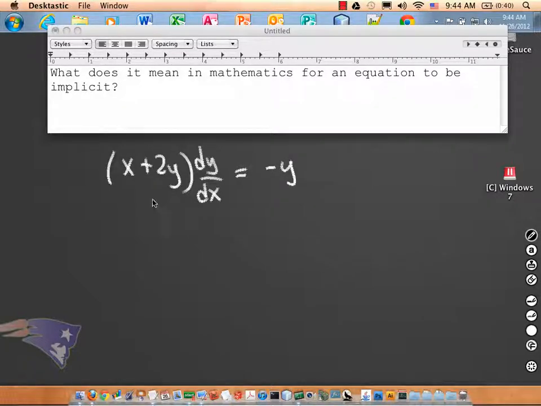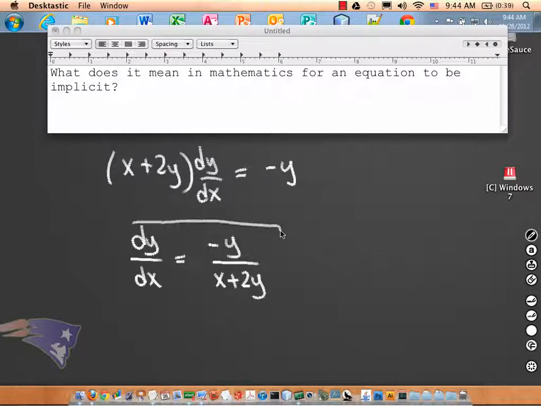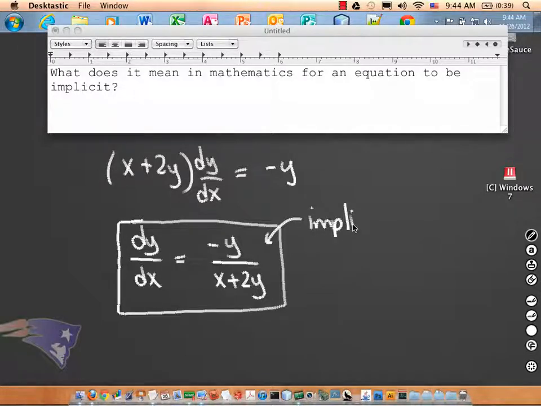Then I divide both sides by x plus 2y, and I get dy/dx equals negative y over x plus 2y. And that right there is the derivative, which by itself is implicit.